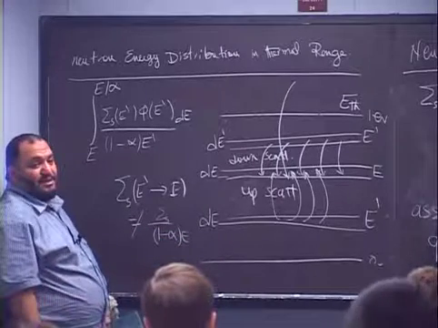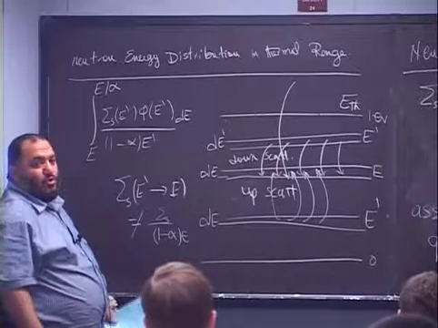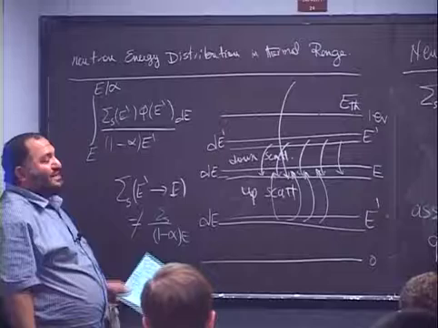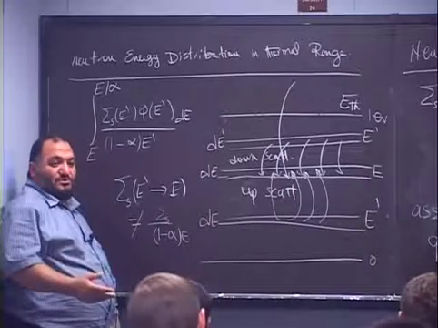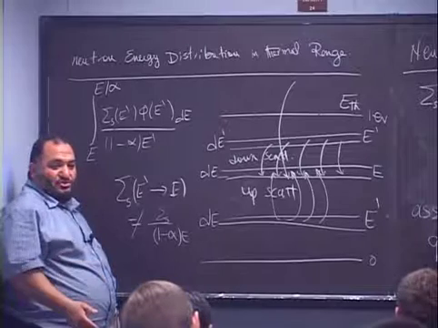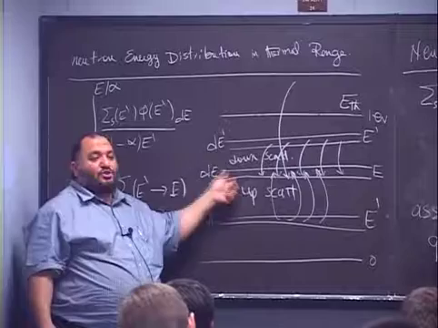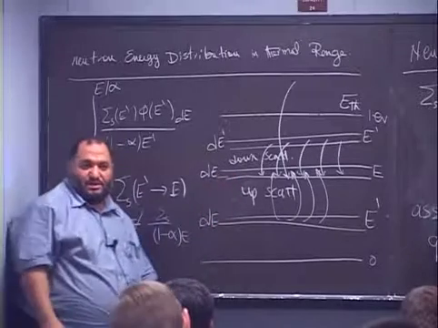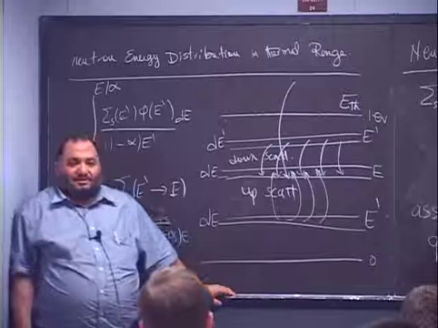What does it mean? Scattering to energy E. So this is just a balance equation. It tells me that in the absence of absorption and in the absence of leakage, all the neutrons that come into the energy E should leave this energy E. And this is just the principle of detailed balance.